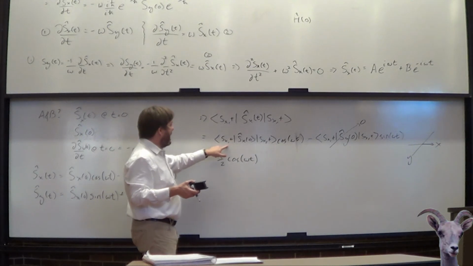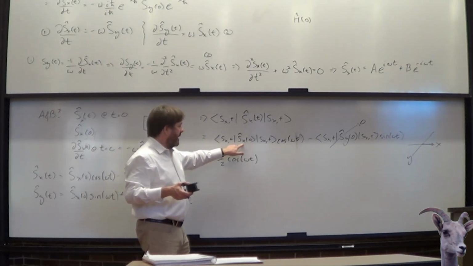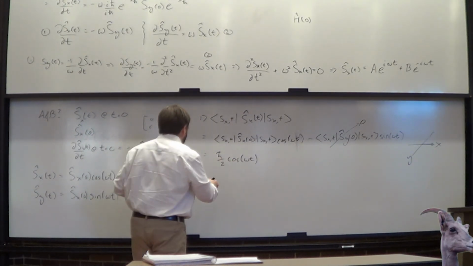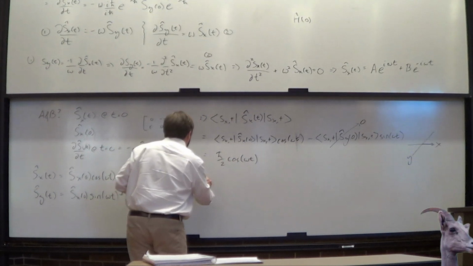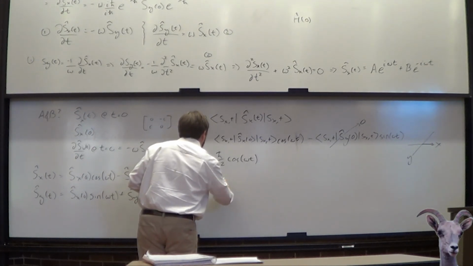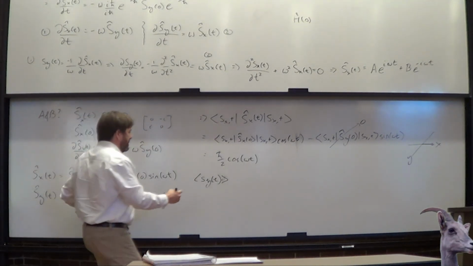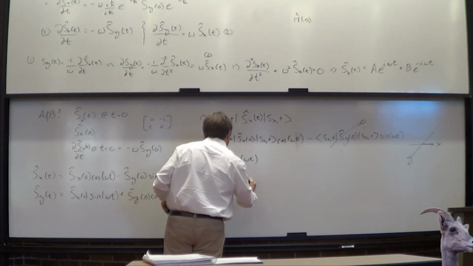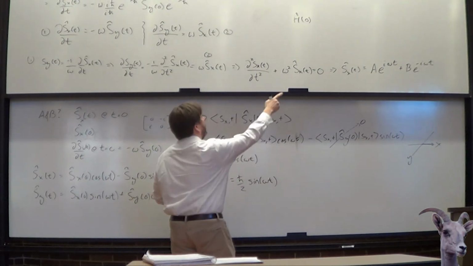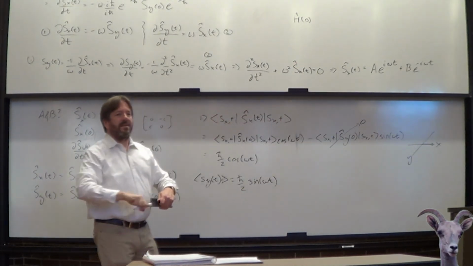The projection of Sx is 1, and of course the x operator spits out h bar over 2. Then of course, for the same reason, what you get is h bar over 2 sine, which is exactly what I have up there as well. So it totally worked out.